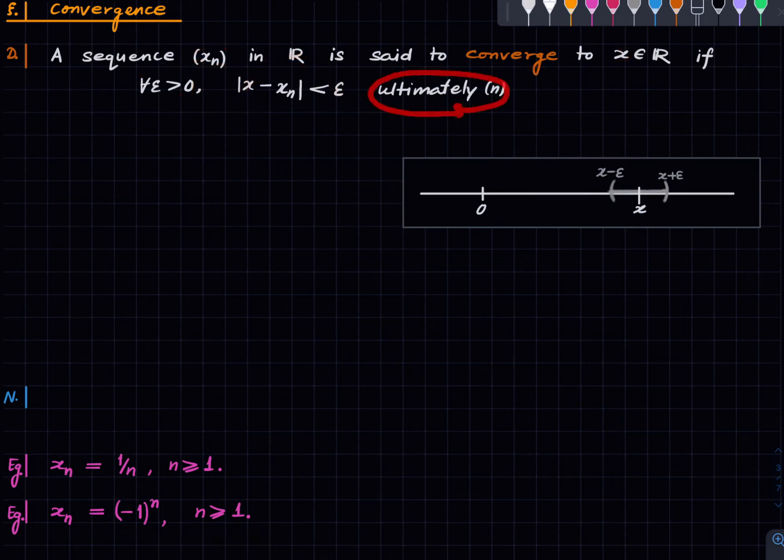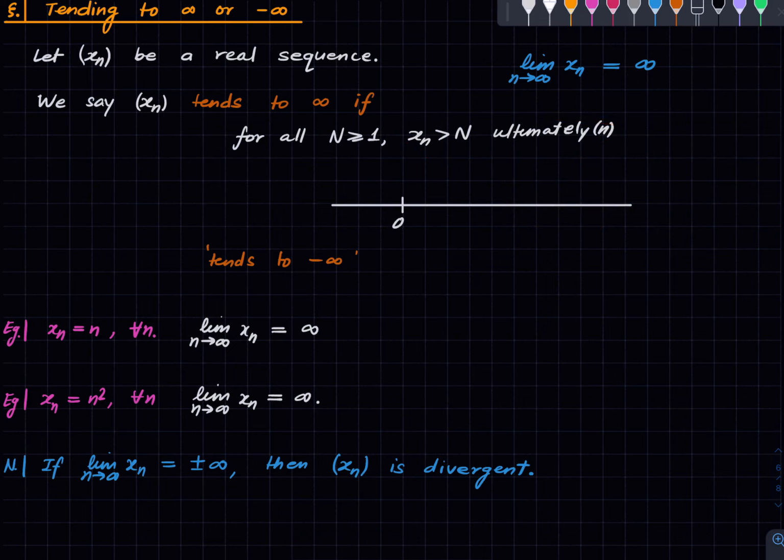Because if it converged to a point x, after a certain point it would be trapped inside an interval around x, but that cannot go hand in hand with this condition, because you choose capital N much greater than this, away from this interval. Then you have xn lying here ultimately and xn lying here ultimately, but both cannot happen simultaneously. Again, the star mark problem can be used. So this automatically implies divergence.